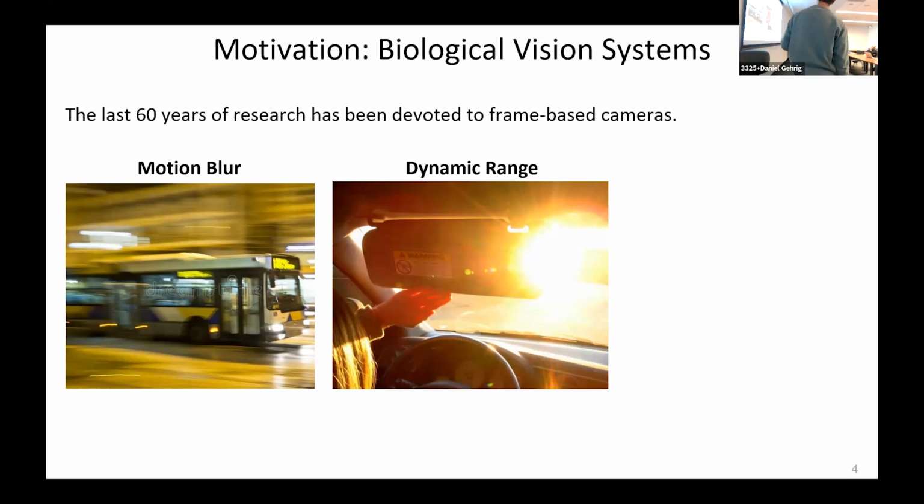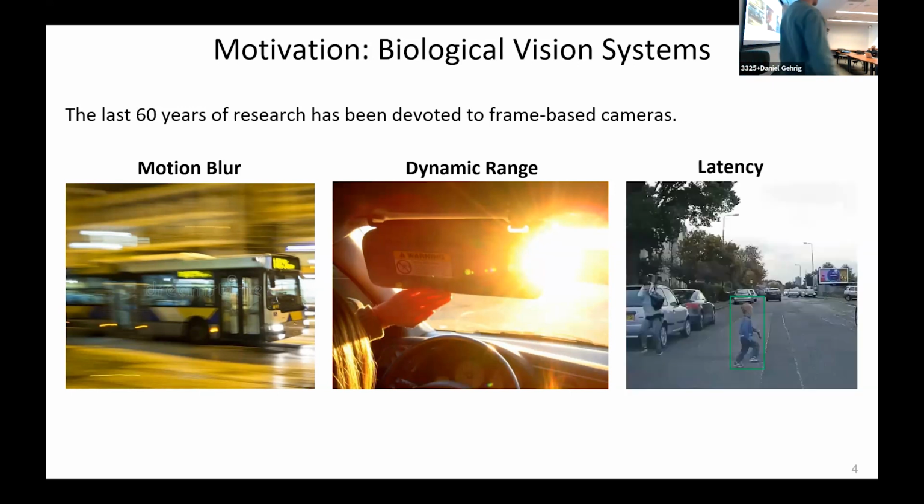You see here the high dynamic range. So as soon as we're looking towards the sun, most algorithms have this over and under saturation in the image. And finally, because we're observing the environment with a frame-based sensor, we're introducing an artificial latency, which can limit the safety of the system, especially for example in a scenario like the one on the right.